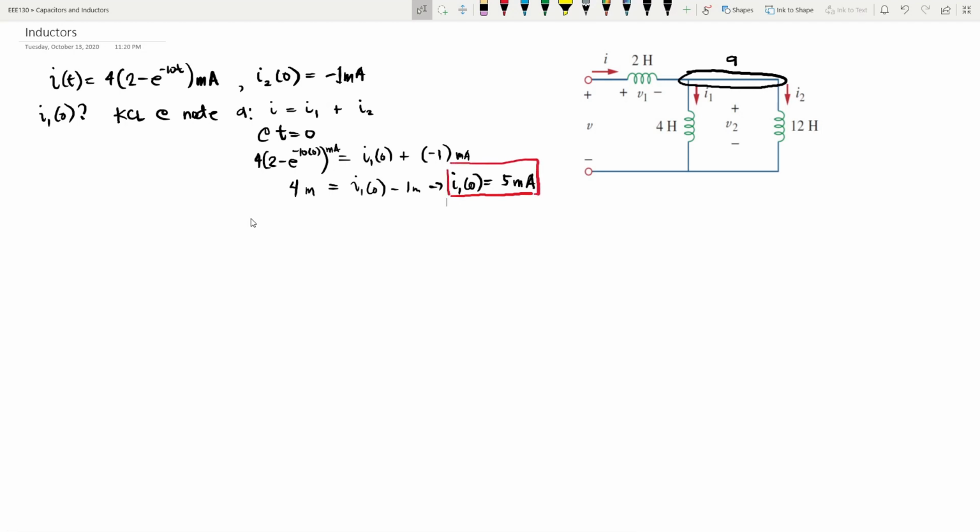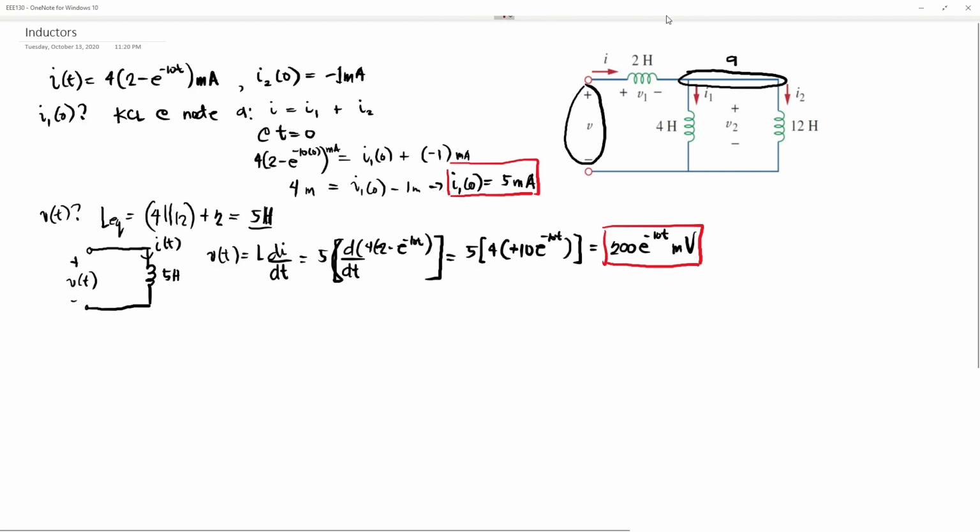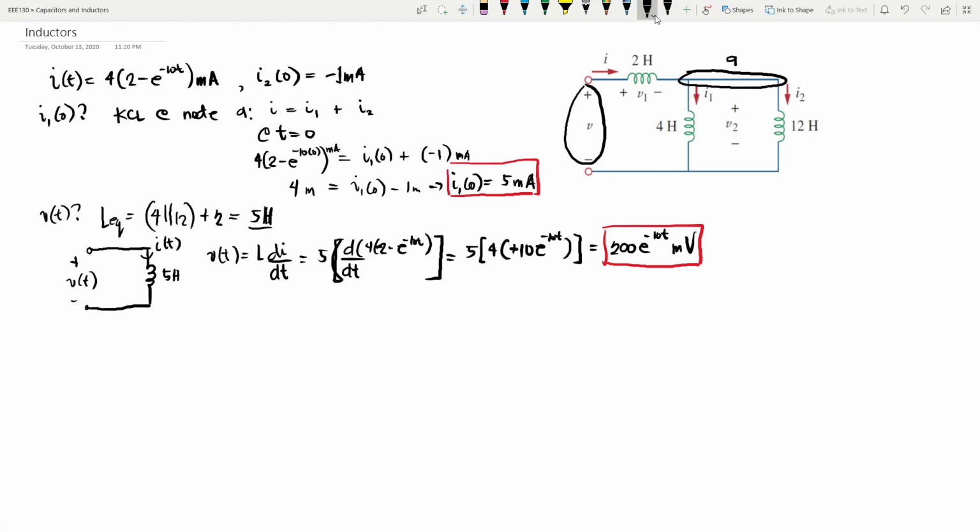So next is solve for V of t. Next, solve the expression of V1 of t.